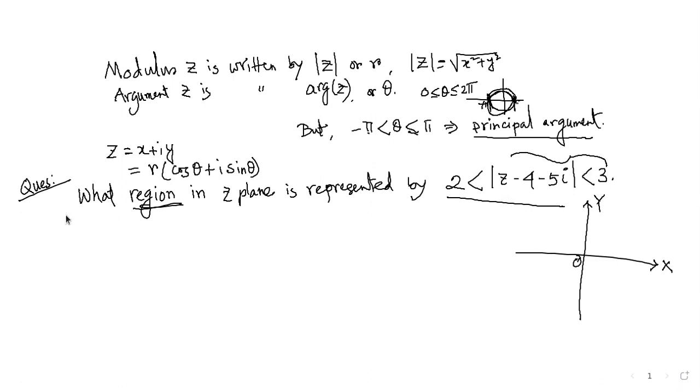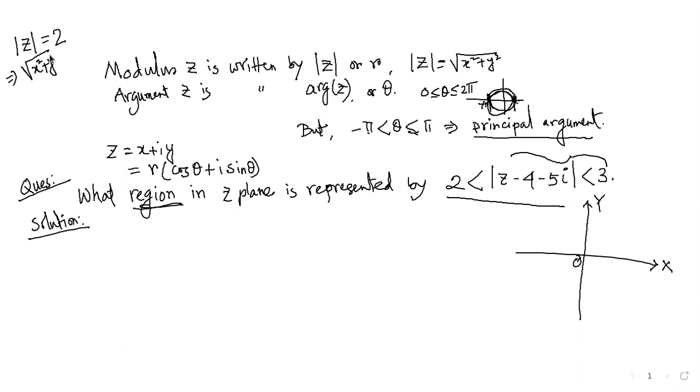Okay. So at first I would like to find the solution. For your convenience, I take |z| equal to 2. If modulus z equal to 2, we know that modulus of z equals root over of x square plus y square.